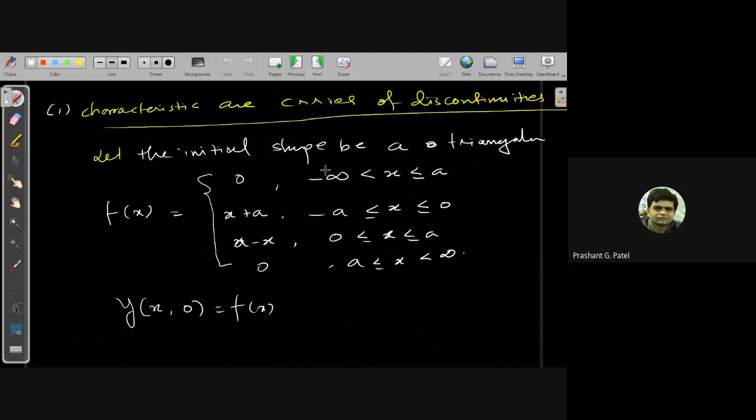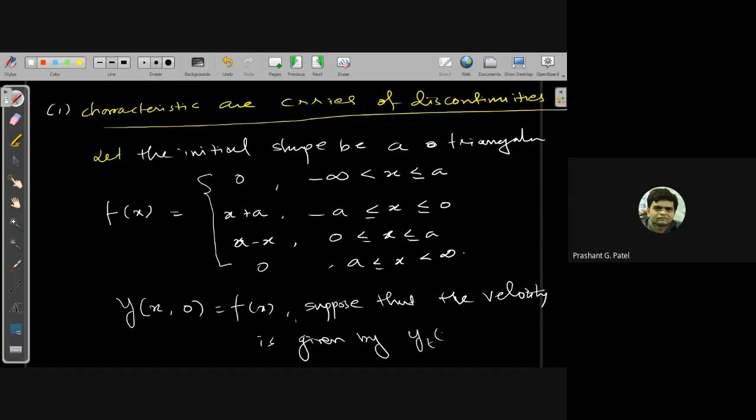Here we will consider the velocity to be y_t at x comma 0 equal to 0, that is, the function g is 0.